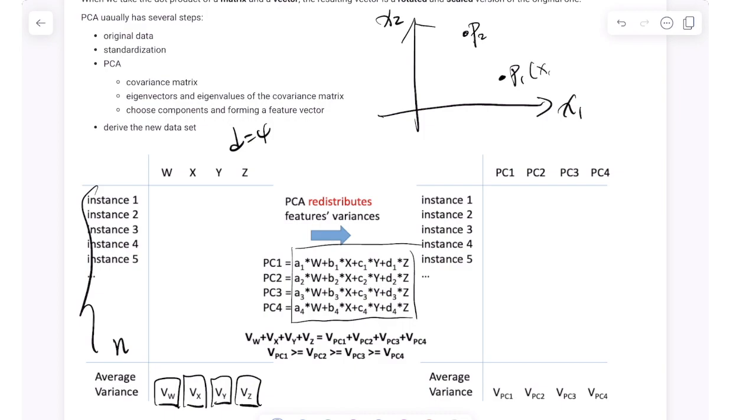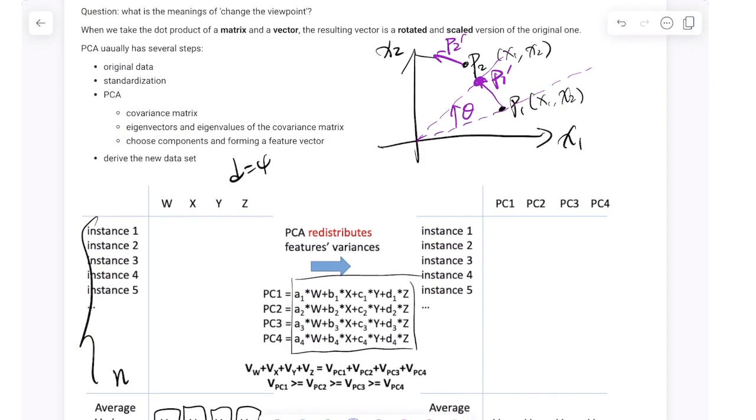If we have data points P1 and P2, they have corresponding x1 and x2 values. For P1, you can simply rotate it by theta degrees, and P1 will be moved to P1 prime, and correspondingly P2 will be moved to P2 prime.